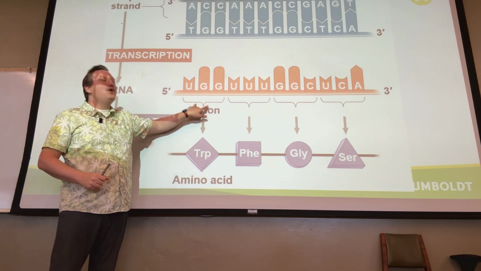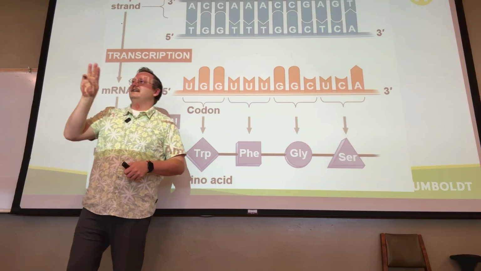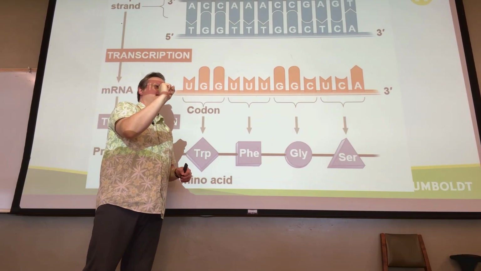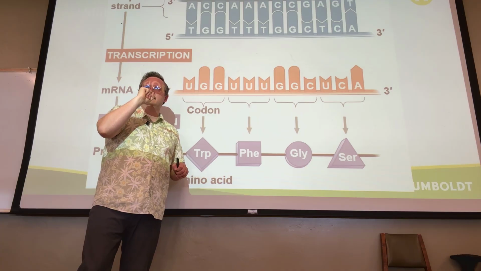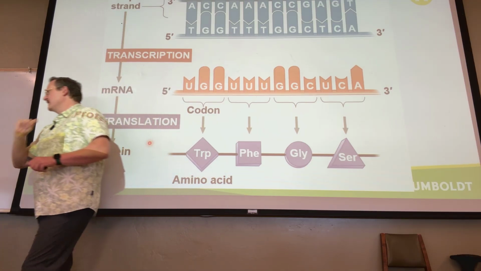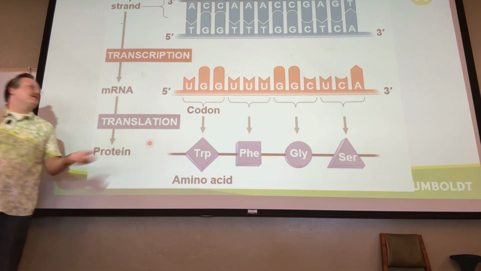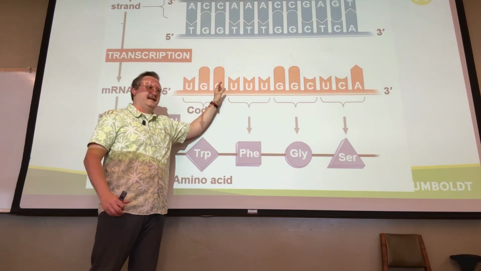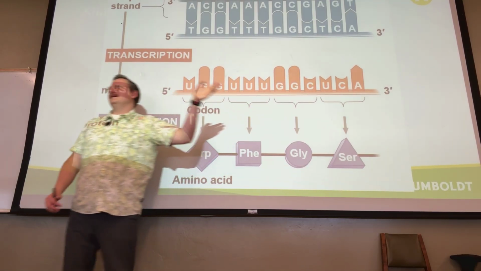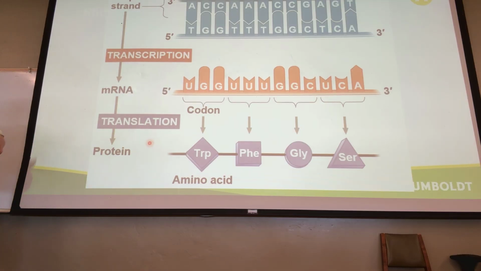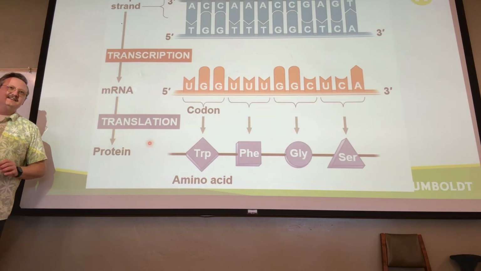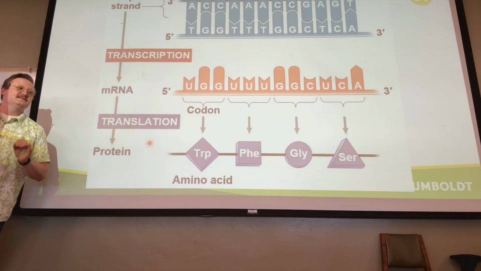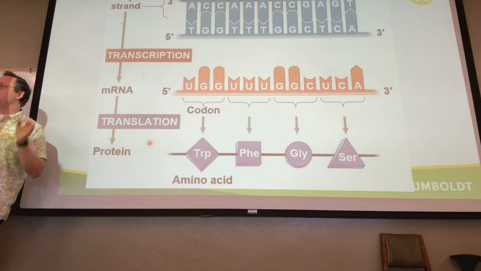So each codon, which is a 3 nucleotide grouping, there are 64 potential codons. The math there is 4 possibilities raised to the power of 3 in a block of 3. Okay? So there are 20 different amino acids, but there are 64 possible codons that you can make.